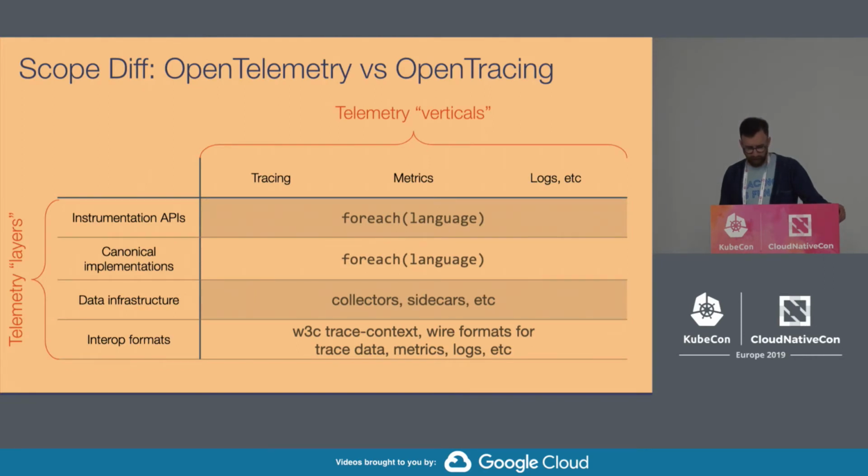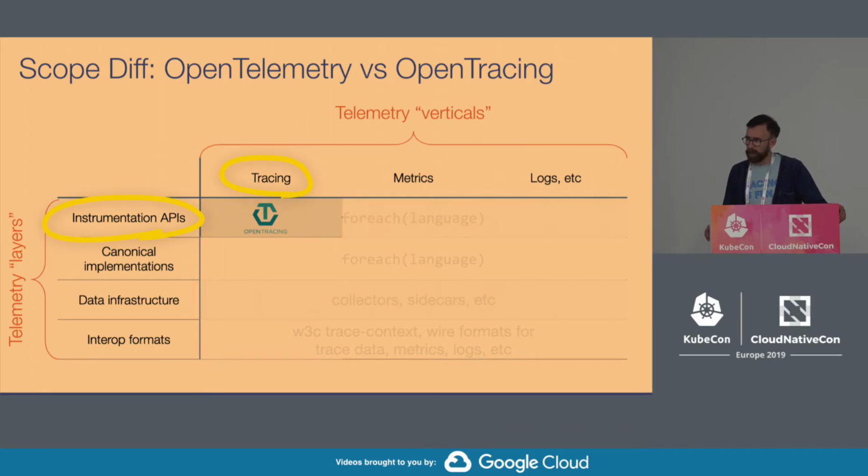Here's this slide again. OpenTracing's footprint is tracing APIs, and so it's right there. There are things in OpenTracing that touch on other pieces of this. There are people who've written and open-sourced implementations of OpenTracing, formats, et cetera, but the core of the project is really very narrowly restricted to this.